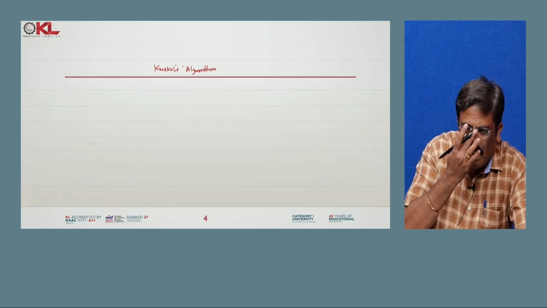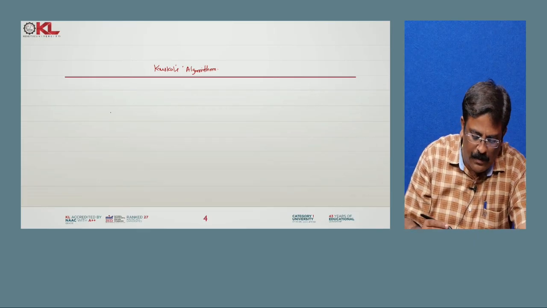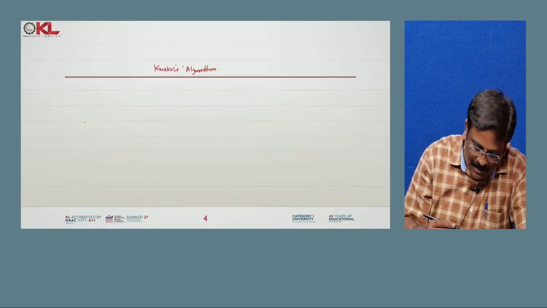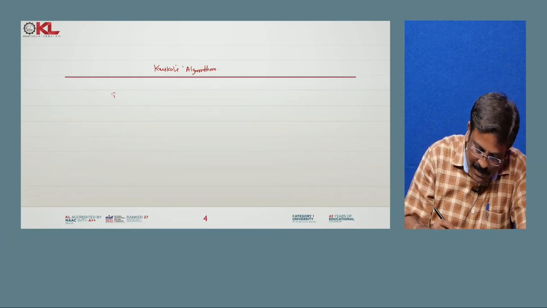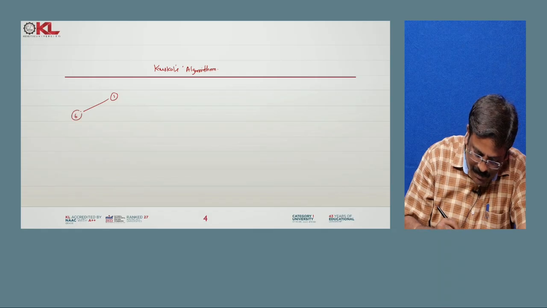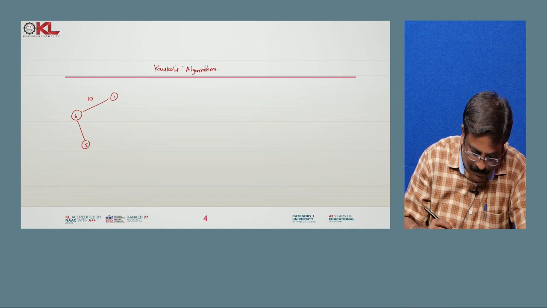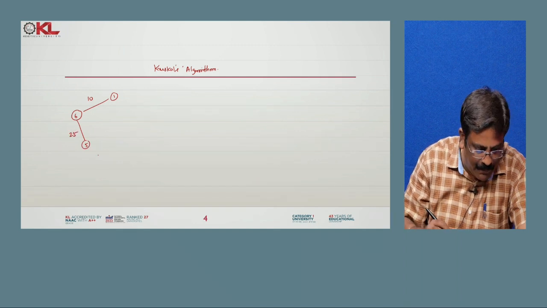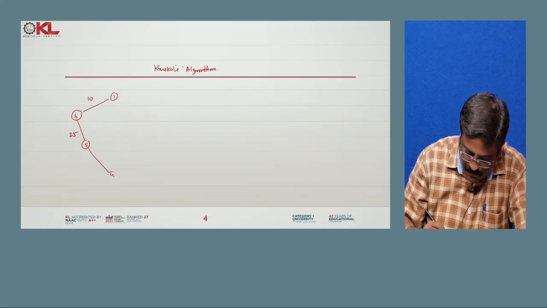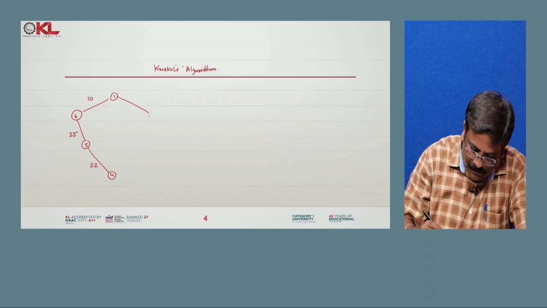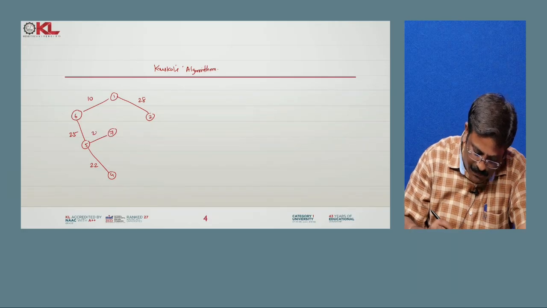Accordingly, for Kruskal's algorithm, we can take the same problem for solving it. So what is the problem we have drawn in the previous case? We have 1, here 6, this must be 10, here is 5, 25, here is 4, this is 22, here is 2, this is 28, and this is going to be 7, and this is 24, and this is 14.